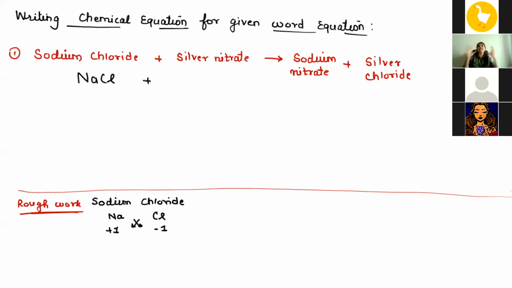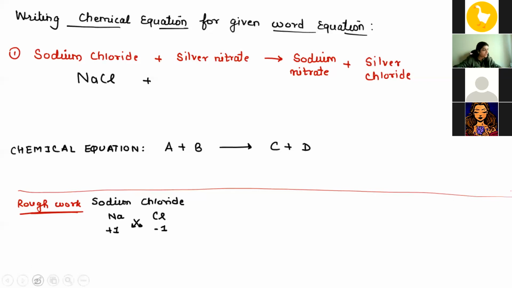So remember, whenever we write a chemical equation, chemical equations are nothing but A plus B arrow gives C plus D. It is not necessary that it will always be A plus B. It can be even one reactant, means one compound.